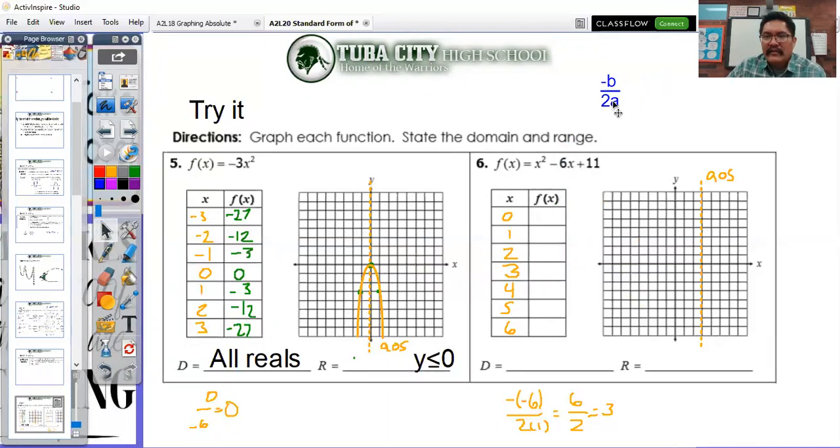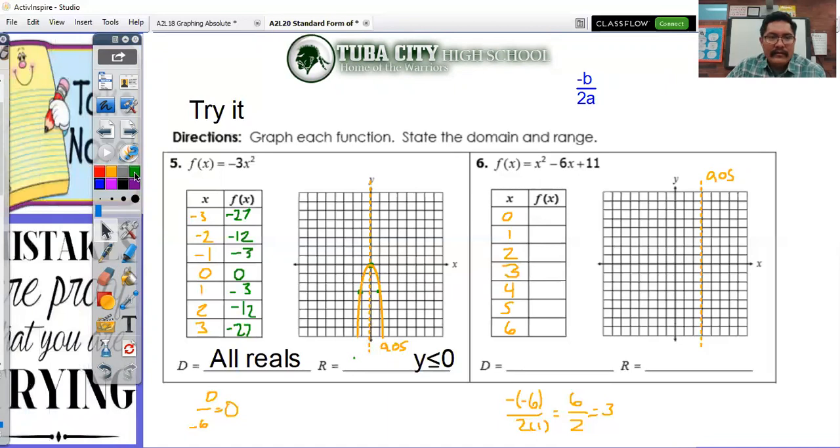So in this case here, I am going to rewrite this and put it into here. So x squared, oh, looks like I'm using green. I'll just stick with green for this one here. So x squared minus 6x plus 11.